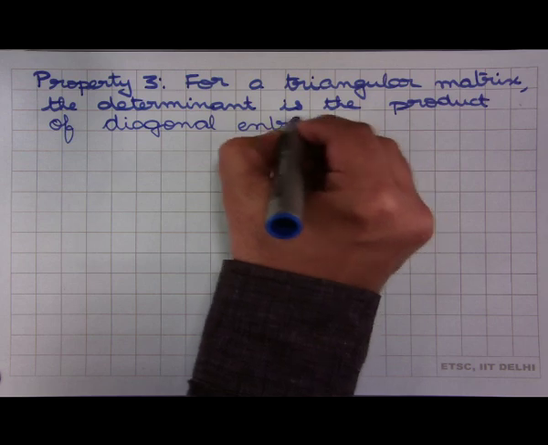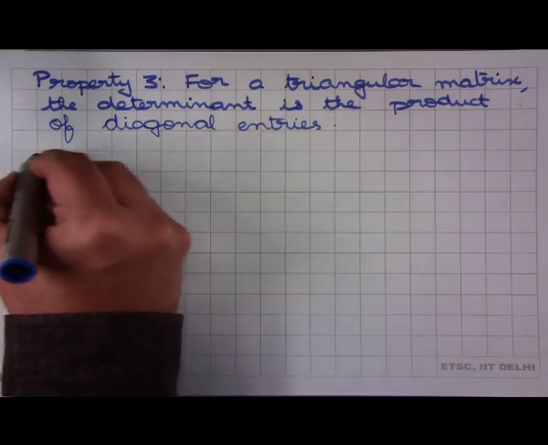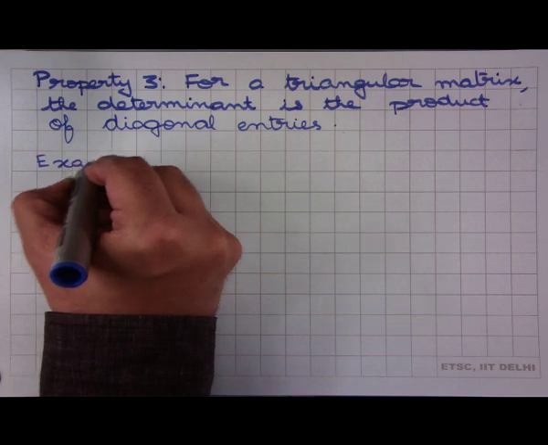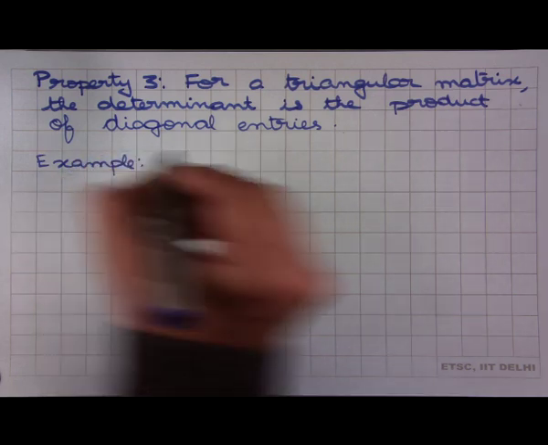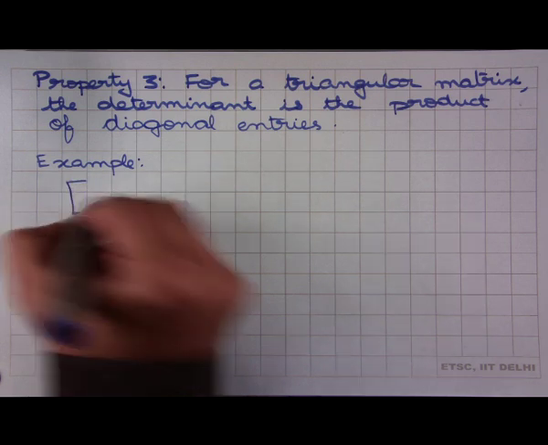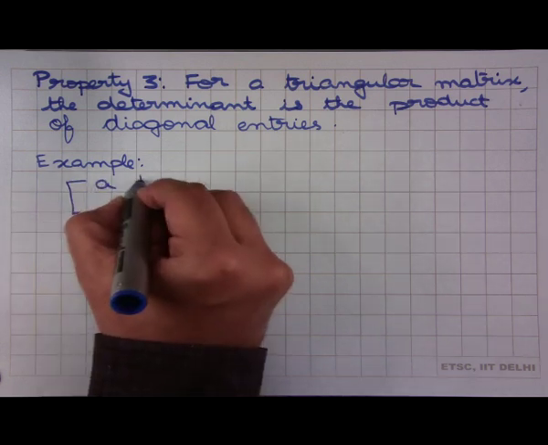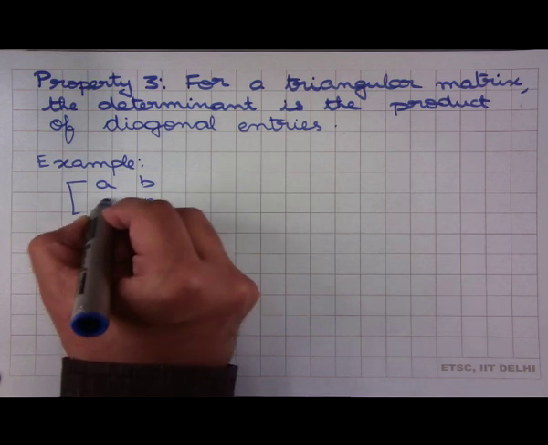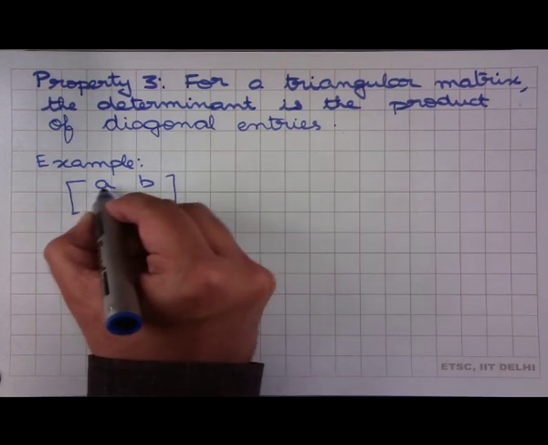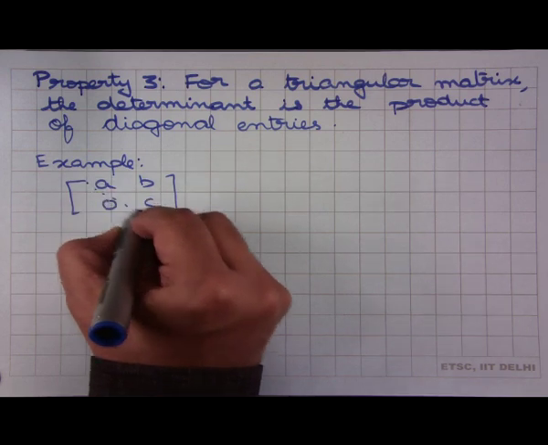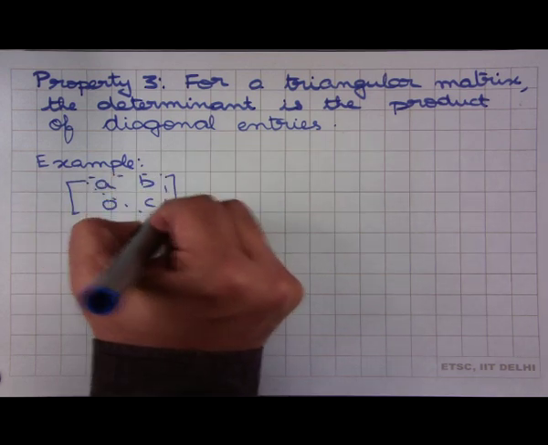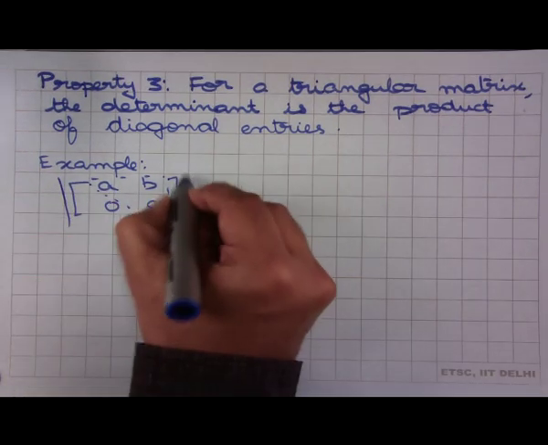As an example, let us consider a simpler 2 by 2 example, just a matrix which has A, B, C, and there is a 0 here. So, this is in the form of an upper triangular matrix, right. And what is the determinant of this?